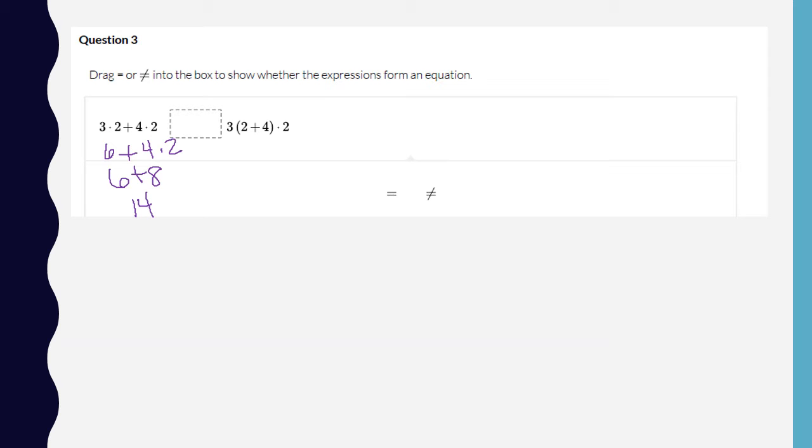So now I'm going to look at the right side. I have to do my parentheses first. So I've got 3 times 2 plus 4 is 6 times 2. I have to do my multiplication next. I've got 18 times 2, and that gives me 36. 14 and 36 are not equal.